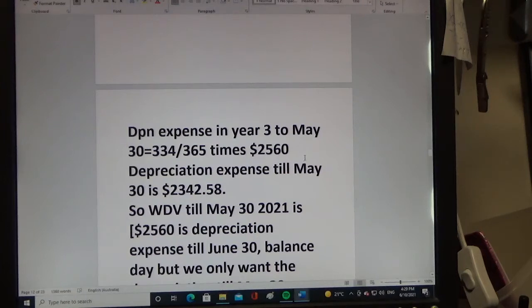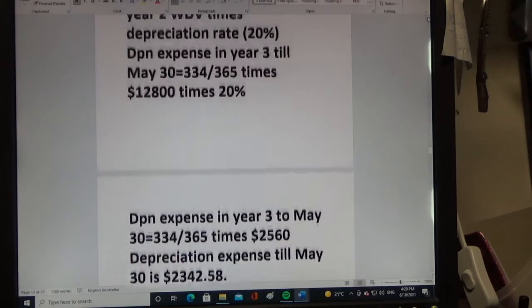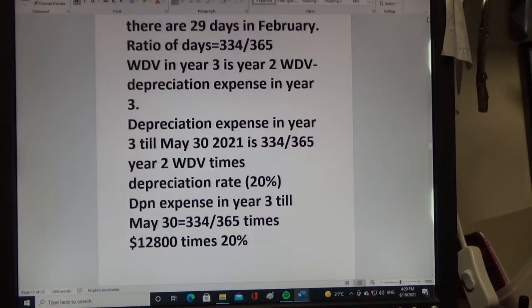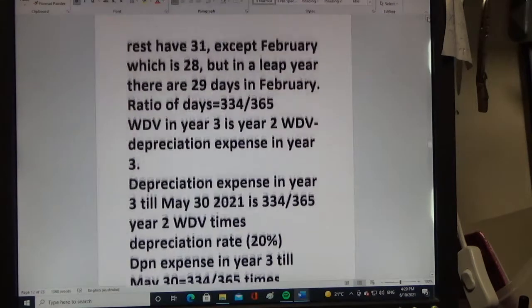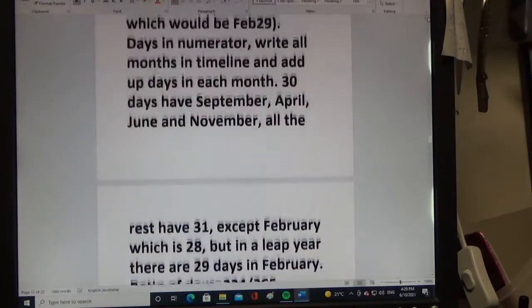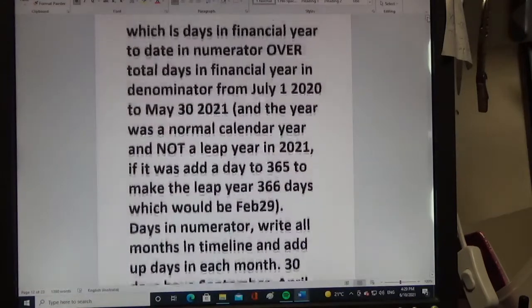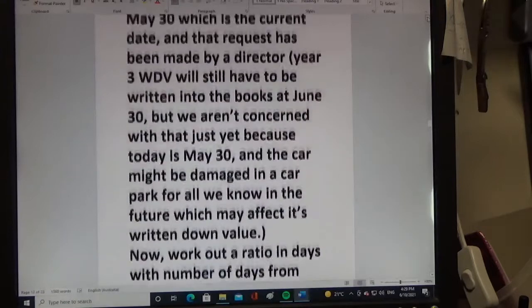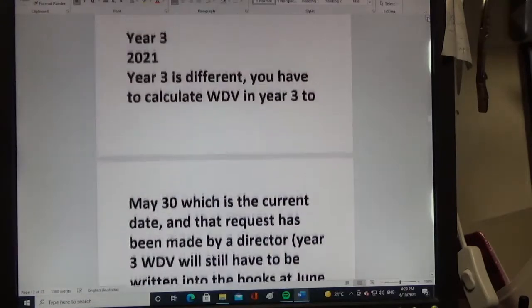Sorry, is that it? Oh yeah, that's right. What's that 2,560? That must be last year's written down value. Let's just have a look and be sure of ourselves.